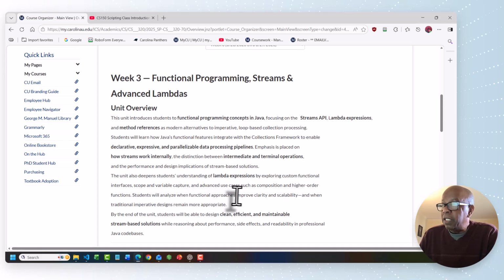You'll be able to analyze functional approaches and improve clarity and scalability. Which functional approach should I use in order to get clarity, scalability, or maintainability? What do I need to use to ensure that? By the end of the unit, you'll be able to design clean, efficient, and maintainable stream-based solutions.